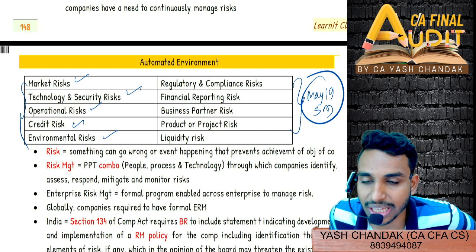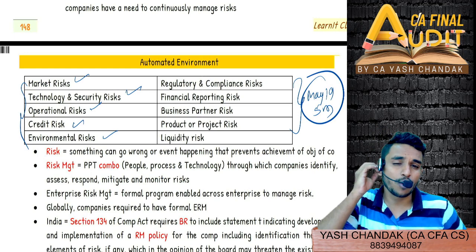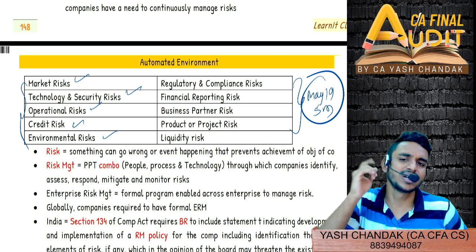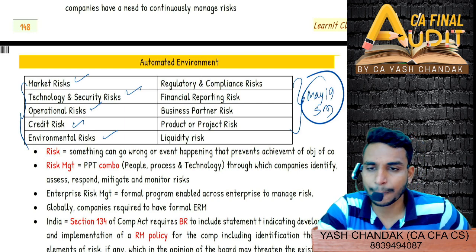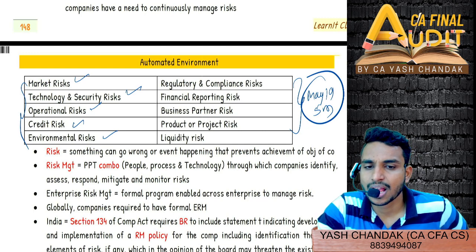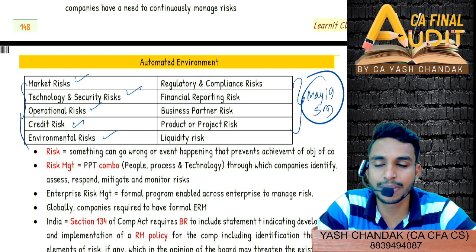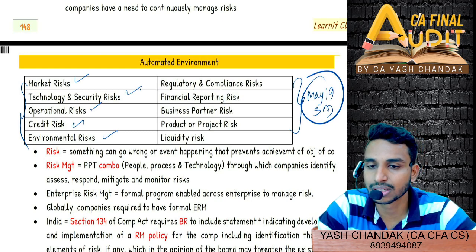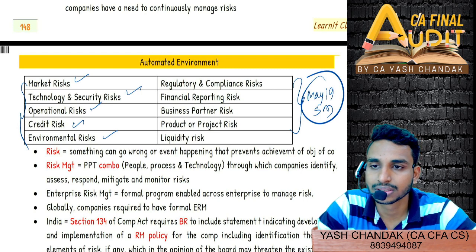If you have done your SFM, you will find that most of these risks are already there in your chapter on interest rate risk management, I believe, or VaR, which chapter was it? VaR calculation. Is it in interest rate risk management, or was it a separate chapter? Have you all done SFM or not?